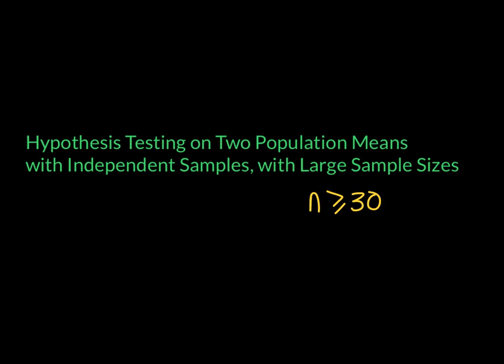Okay, so that is something that we need to agree on before we decide what type of test. Now, take note that in other references, the definition of a large sample size could be n greater than or equal to 25. Okay, but for us, in this video, we will consider large sample sizes to be n greater than or equal to 30.